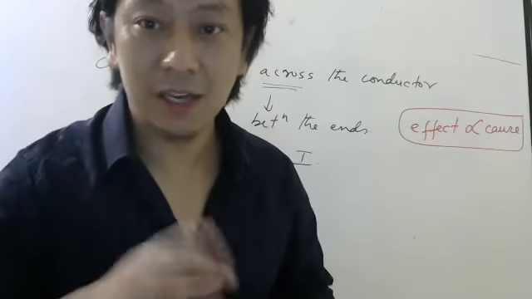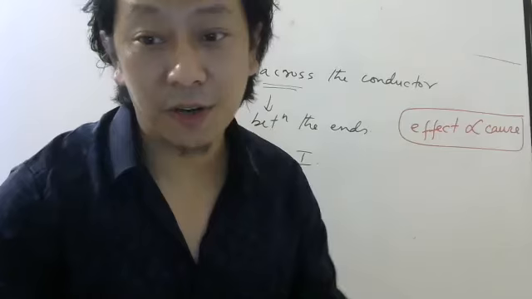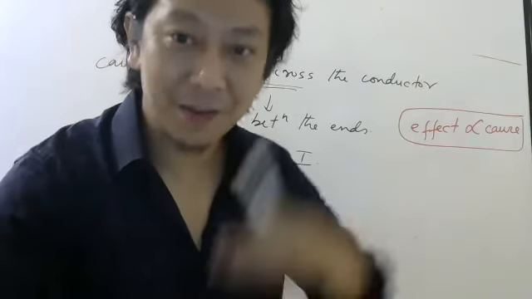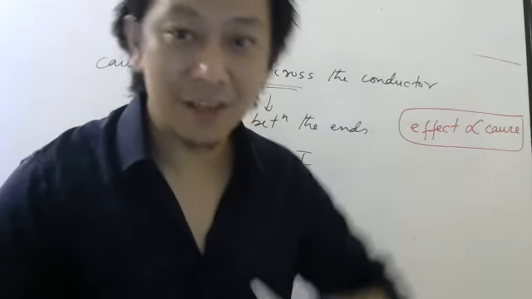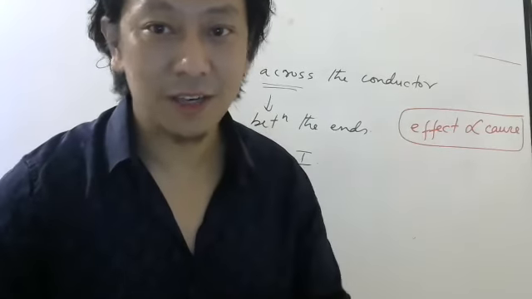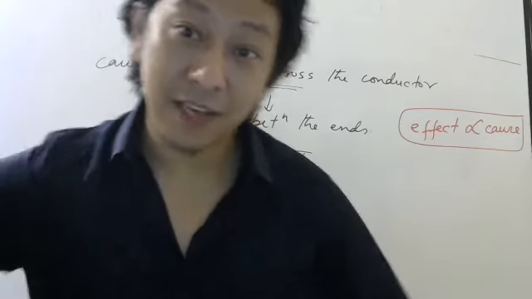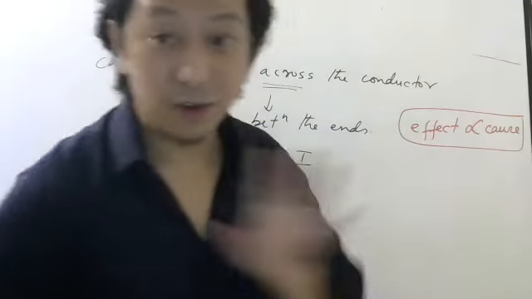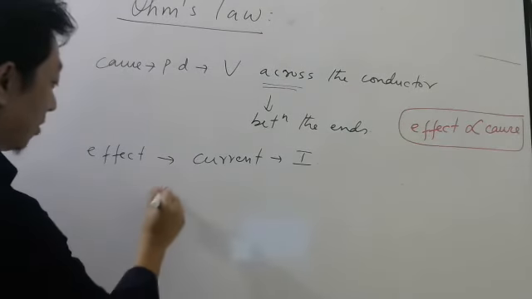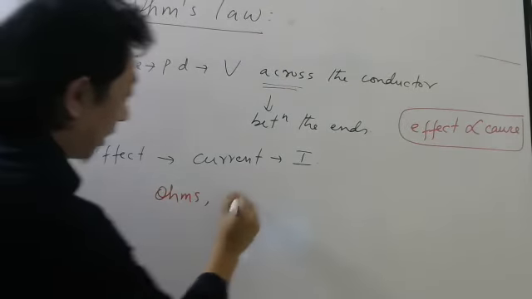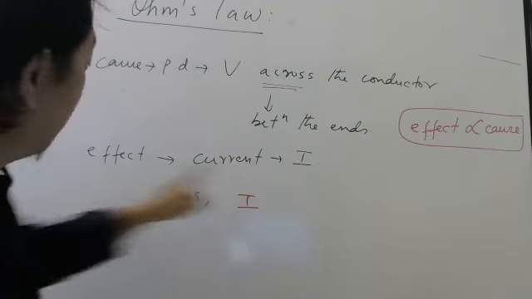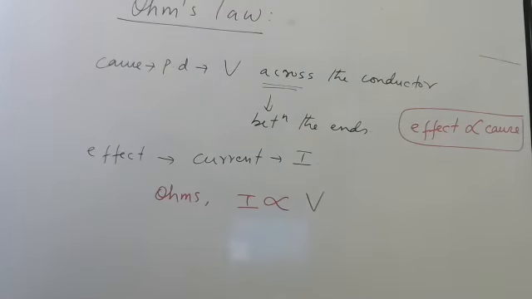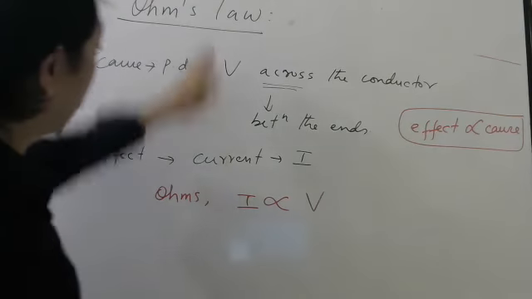It is not the other way around. It's not like if he cries more, I will slap him more. So effect is proportional to cause all the time. So while writing Ohm's law, you have to say the current in the conductor, this is the effect, is directly proportional to potential difference. So this is your Ohm's law.